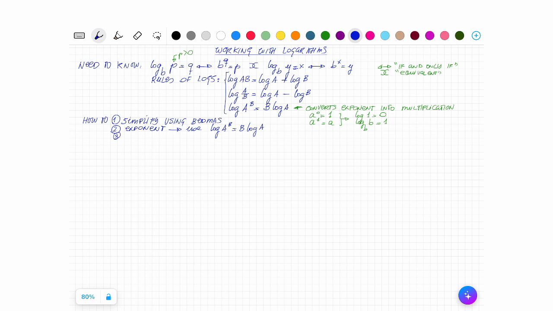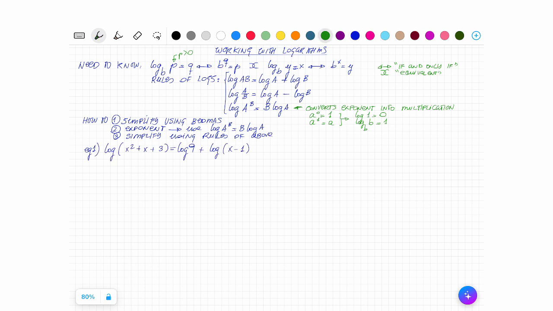And once I've got it there, I can simplify using the rules above and rearranging until I've solved my variables. And which ones I use depends on the specifics.